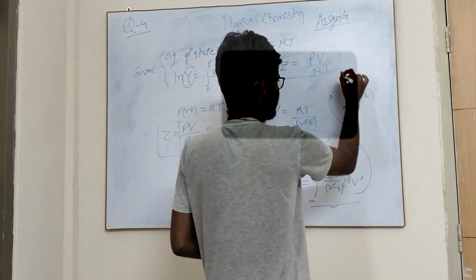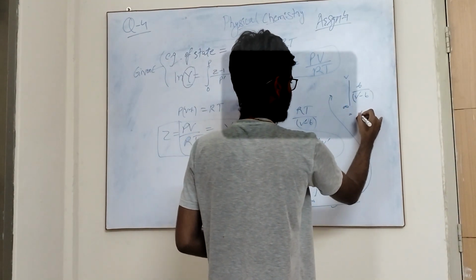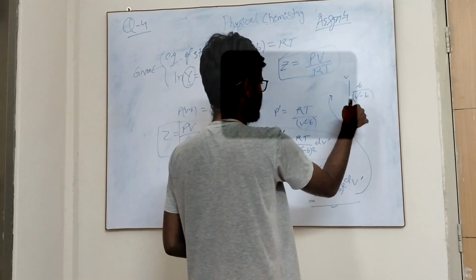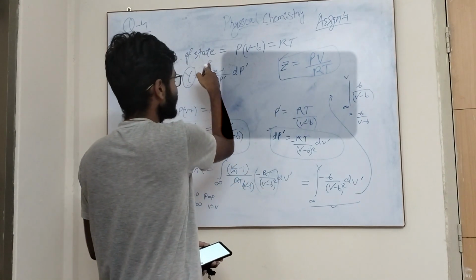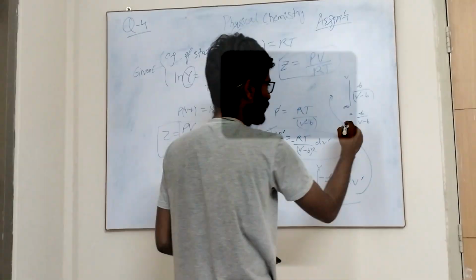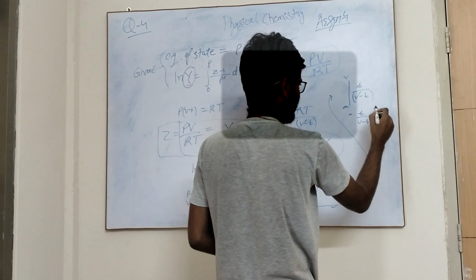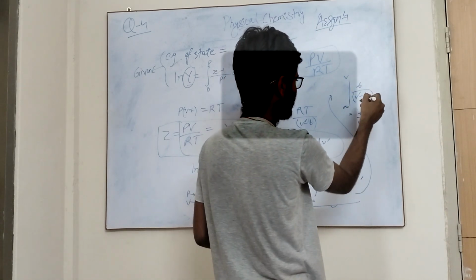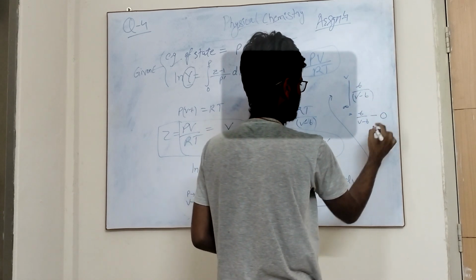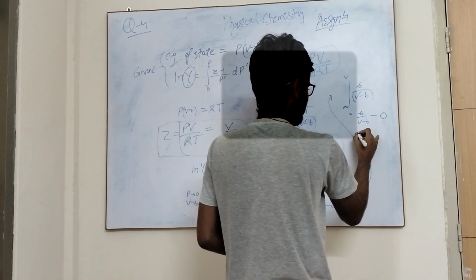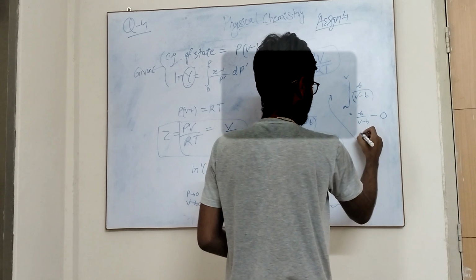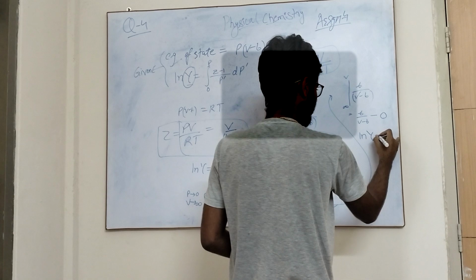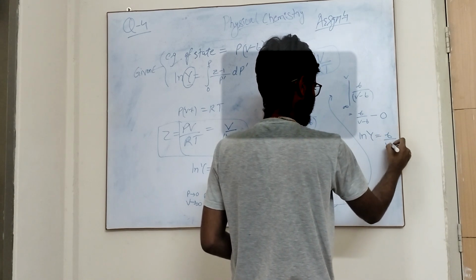Putting V, we'll get V minus B. Now I am putting V, the actual value corresponding to the P given by the state, and minus, when you put infinity here, B by infinity minus something is B by infinity, that is 0. So you got natural log of gamma is equal to B by V minus B.